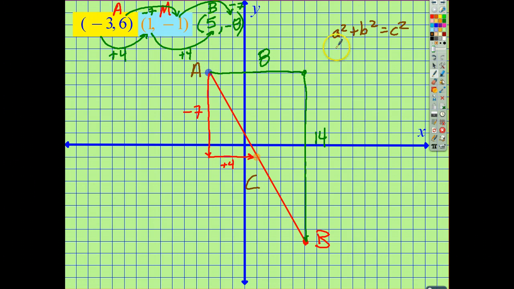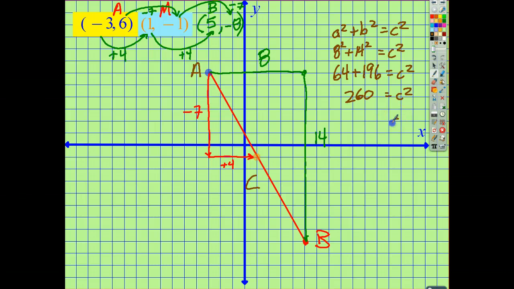So 8 squared plus 14 squared is equal to C squared. So we get 64 plus 196 is equal to C squared. So this is 260 is equal to C squared.